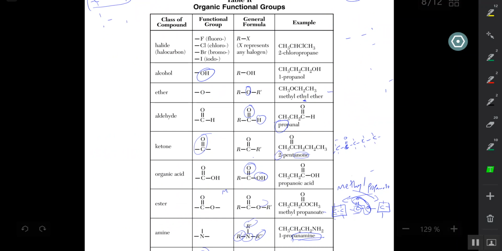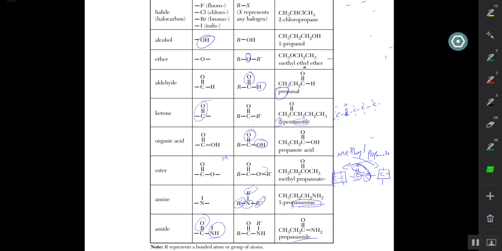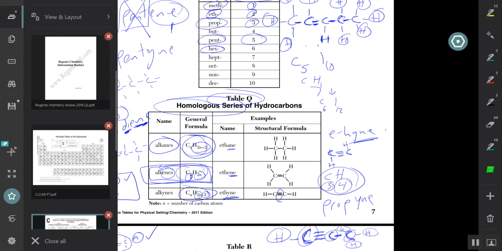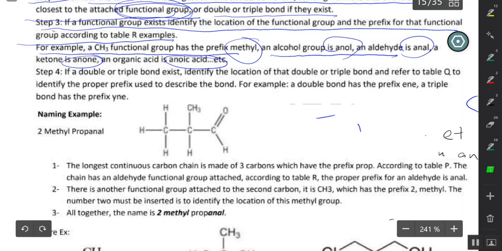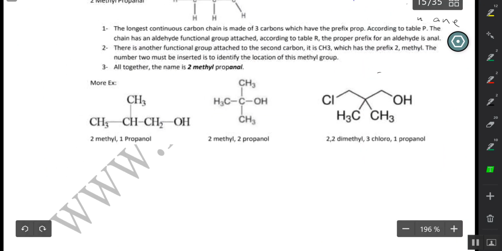So that's pretty much how to write the structural formulas of organic compounds. Let's just go back to the readings, make sure that we did not miss anything. Just more examples. Oh, sometimes you'll have something like this.